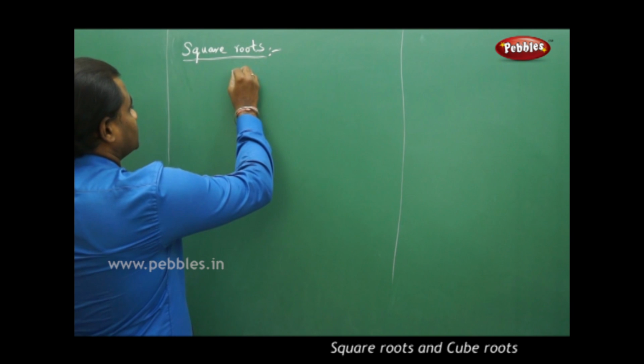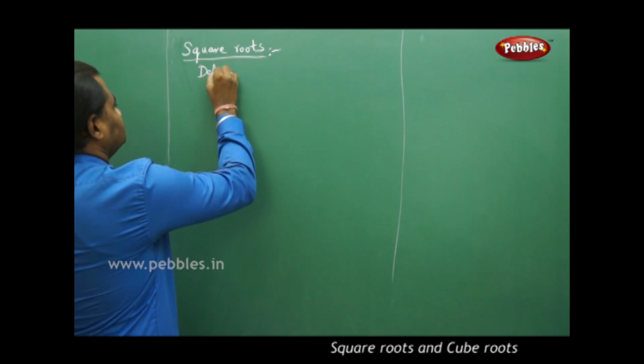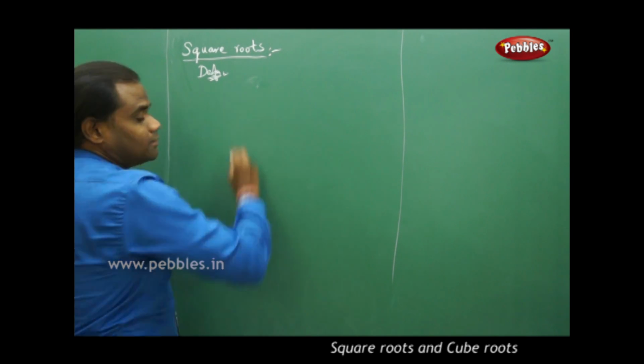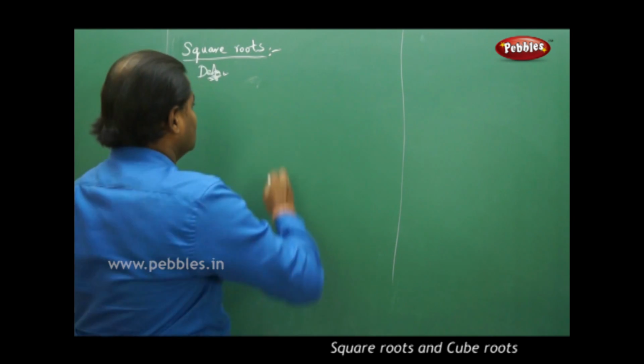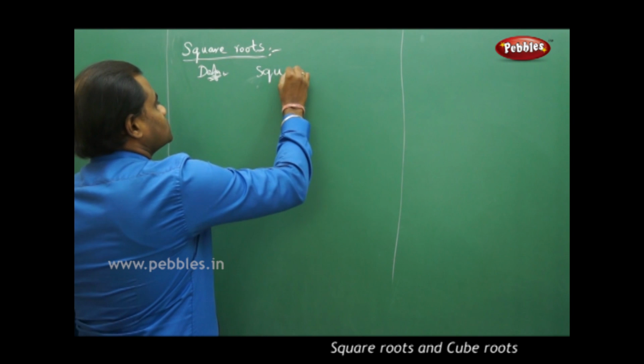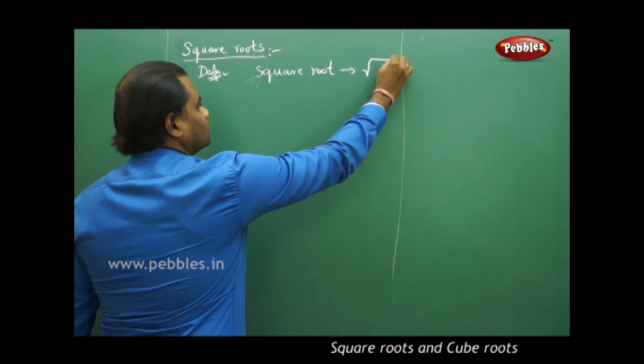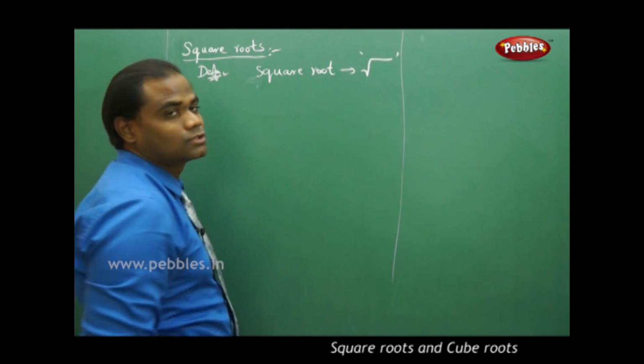So square root is defined as, now before I define the square root, I just give you the symbol. Square root is denoted by this. So this is how I denote the square root.